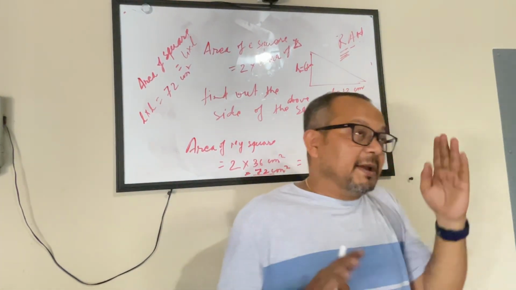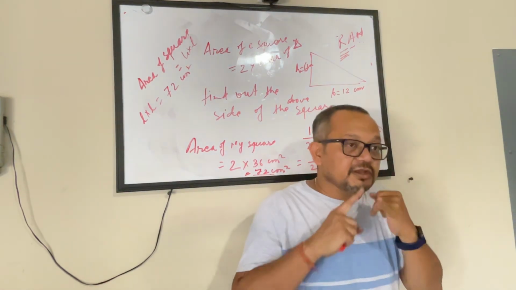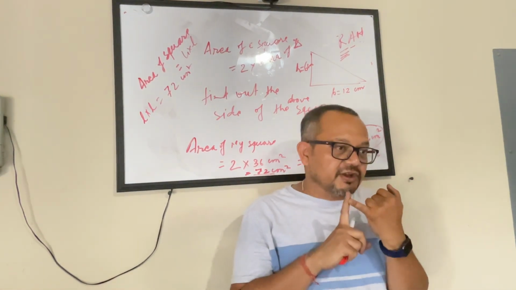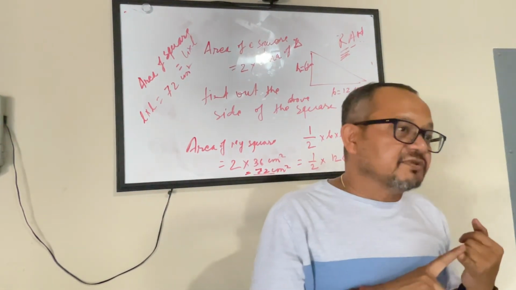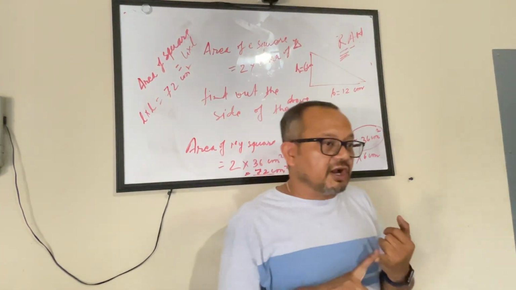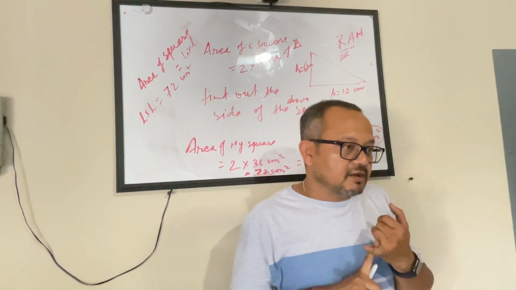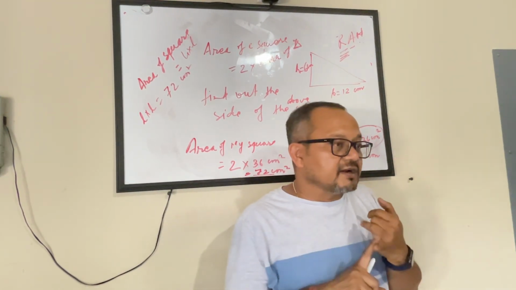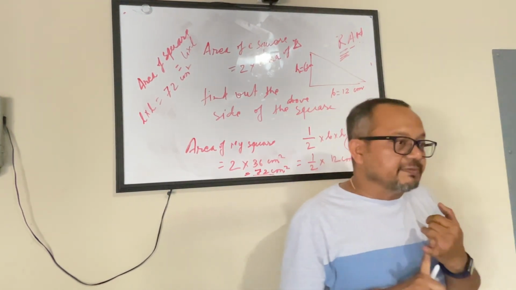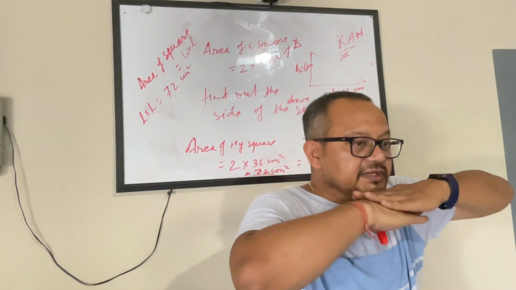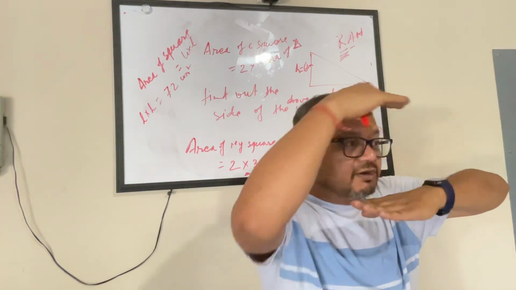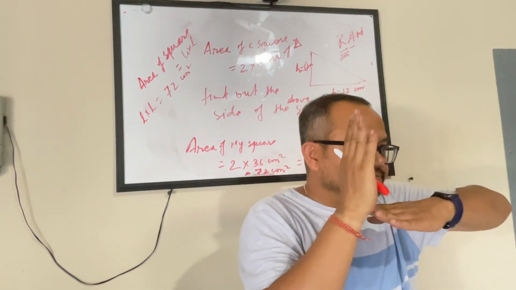So, again, the four formulas that you have learned: area of a rectangle, length times width; area of a square, length times length; area of a right angle triangle, half times base times height; area of a parallelogram, base multiplied by the perpendicular distance between the two parallel lines.